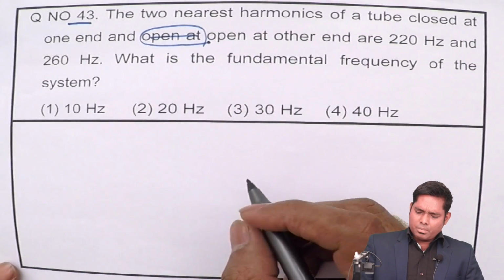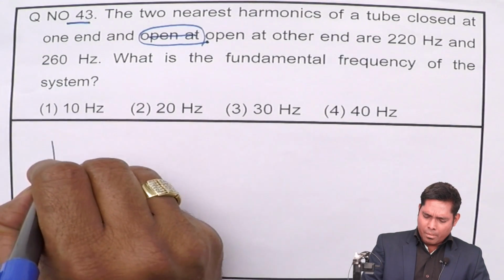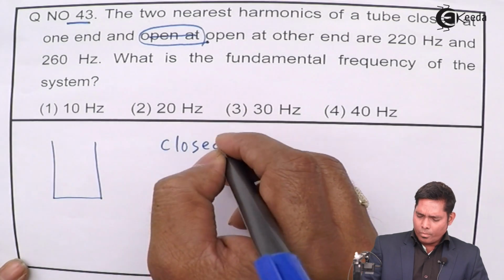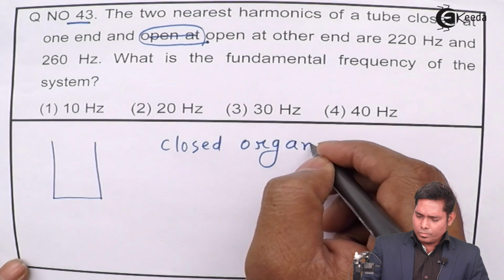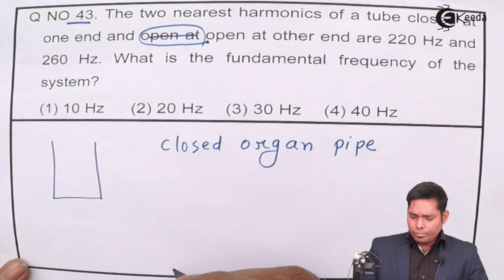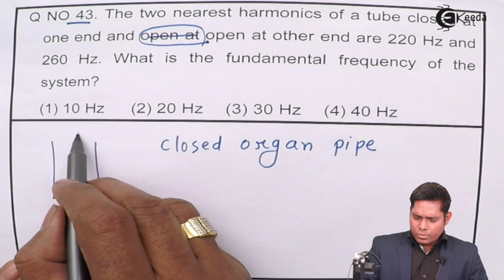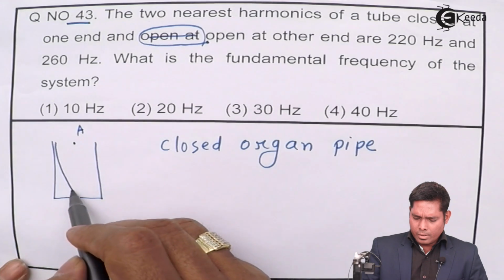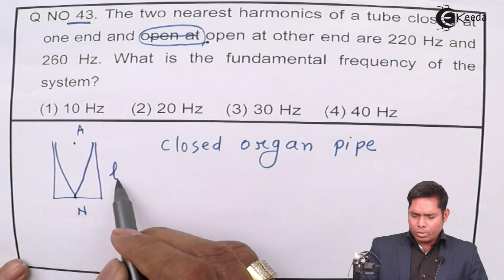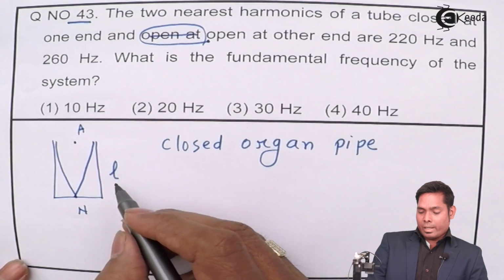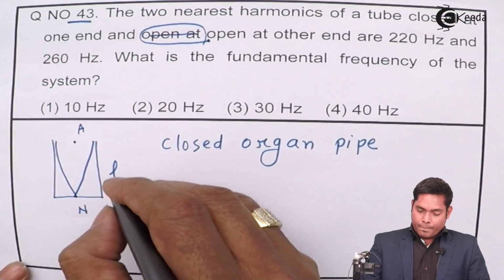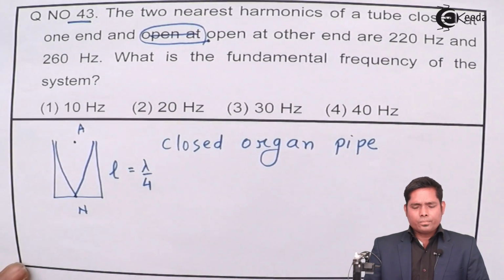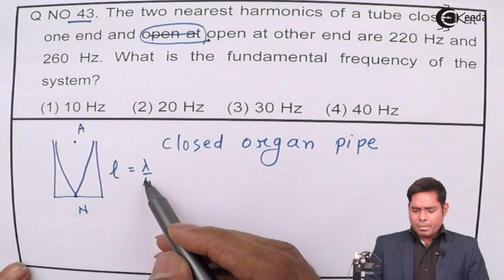This seems to be a very interesting question. If I have a closed organ pipe, I know that the antinode is found here, the node is found here, the fixed end, and this length of the tube, L, accommodates 1/4 of the wavelength, because node and antinode distance is lambda by 4.